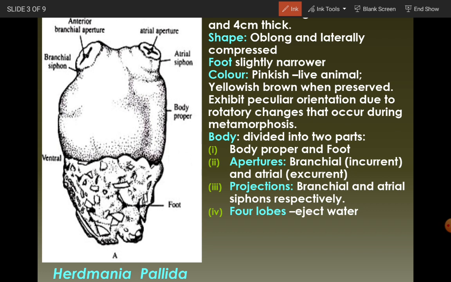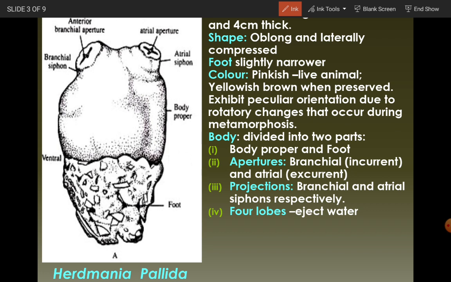These two apertures are supported by two protuberances called siphons, the branchial siphon and the atrial siphon. The branchial siphon is smaller, around 1 centimeter in length, and it is directed outwards and holds the branchial aperture, whereas the atrial siphon is a little longer.